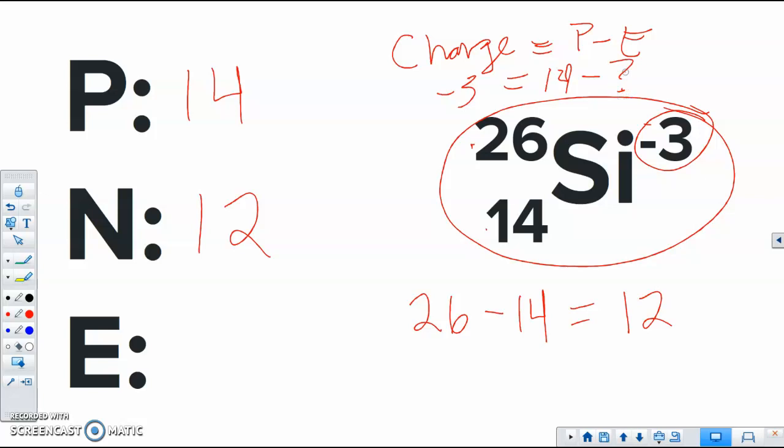So how would we get to -3, right? 14 minus what is -3? Now think about this. It's a negative charge. That means you have to have more electrons, more negative particles than protons. And more specifically, you have to have 3 more electrons than protons. So if we have 3 more electrons than we have protons, that means we must have 17 electrons. 14 plus 3 is 17.